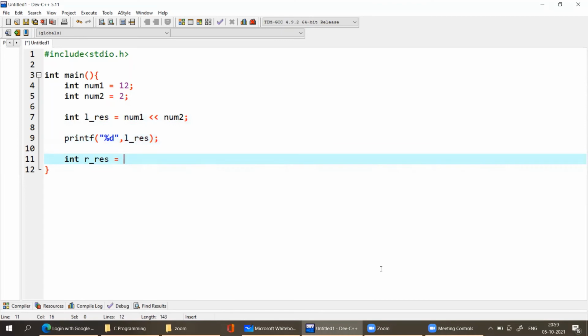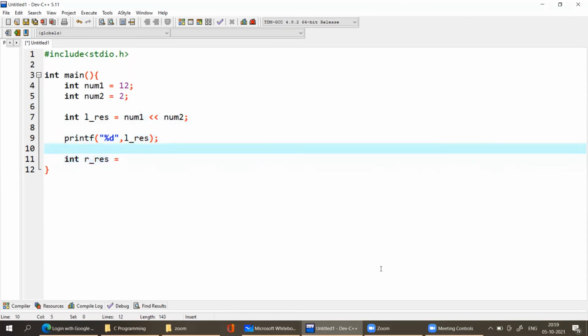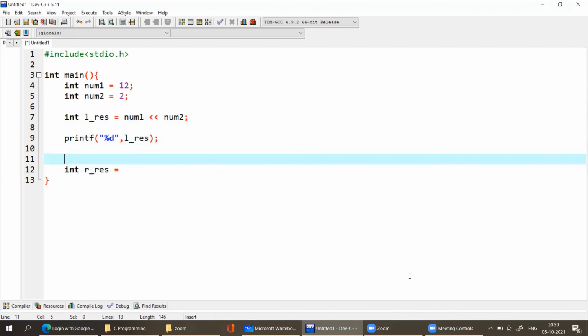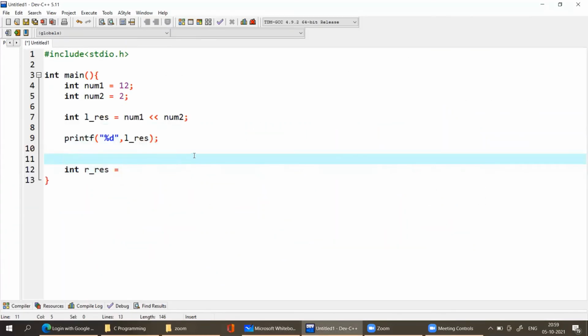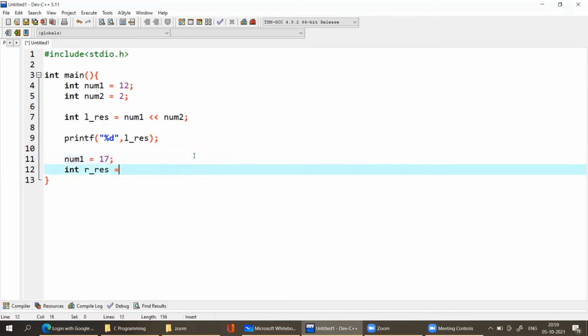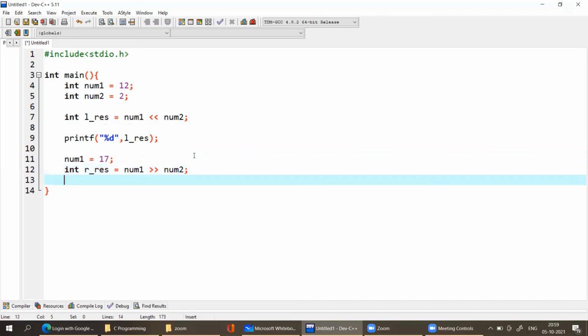Before I perform this, let's change the value of num1 according to our example. In the example, we took the value 17 as num1. So let's change num1 to 17, and now let's perform the right shift. num1 is operand 1, and I'm shifting it by num2.